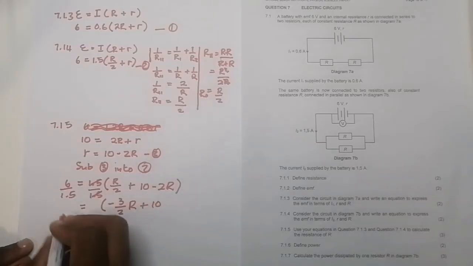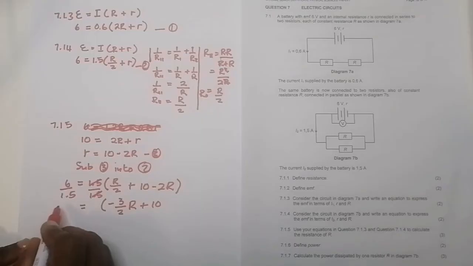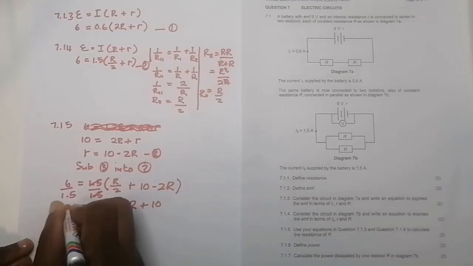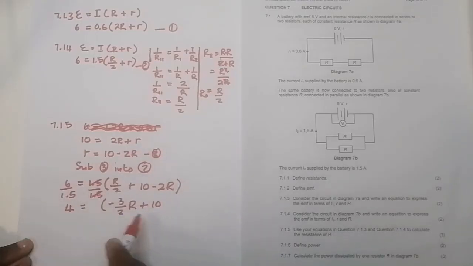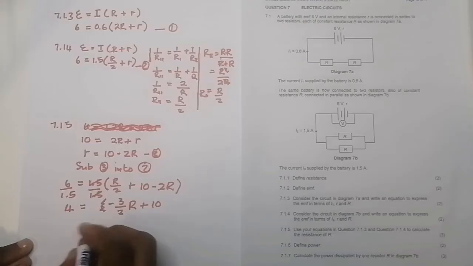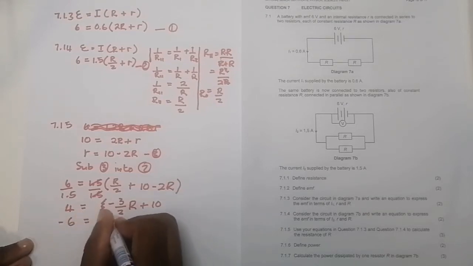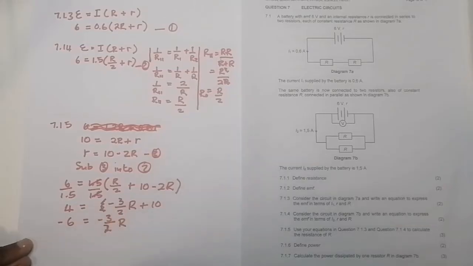In fact, I should have just removed the bracket, and 6 divided by 1.5 should give us 4. Now, if you take the 10 to the other side, you'll see that this becomes negative. So 4 minus 10 would be minus 6, which is equal to minus 3 over 2R. And what would be our value for R?